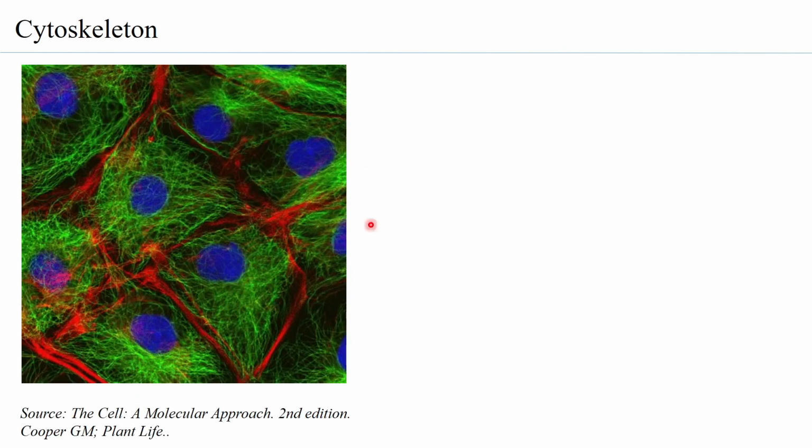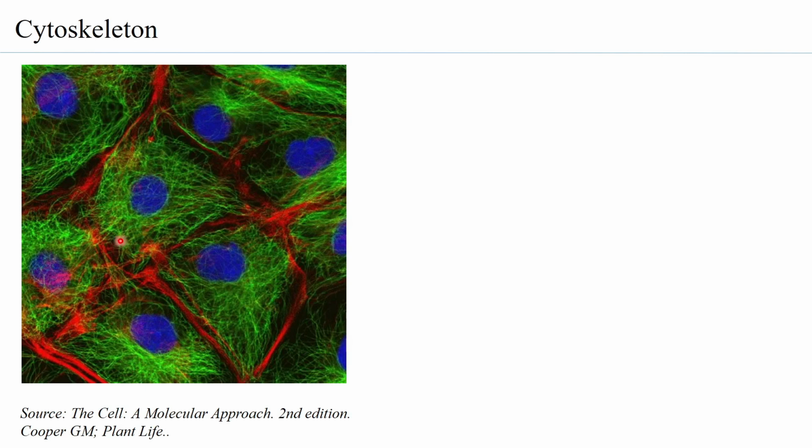As you can see in these fluorescent stained plant cells, one thing is very clear: all the plant cells are cuboidal in shape. So the particular shape present for a particular cell type is attributed to the cytoskeleton. You can see how the stained cytoskeleton is able to form a cuboidal structure.